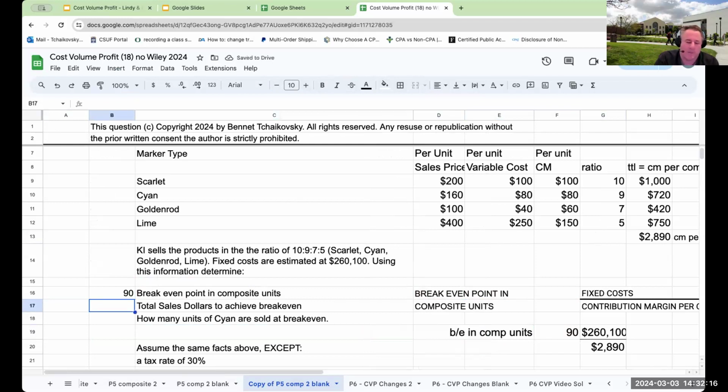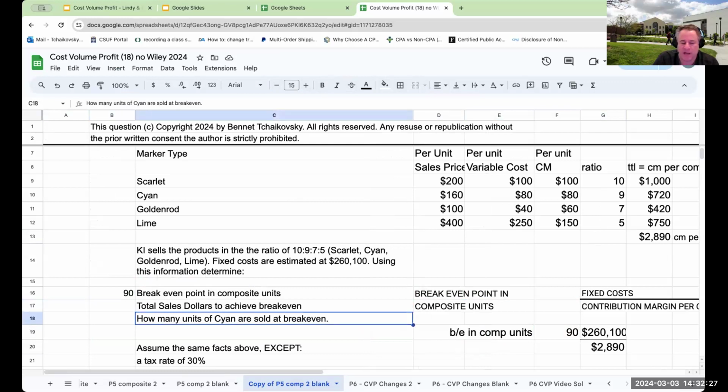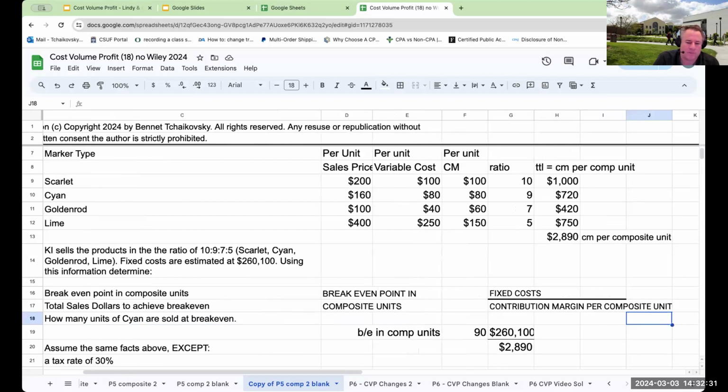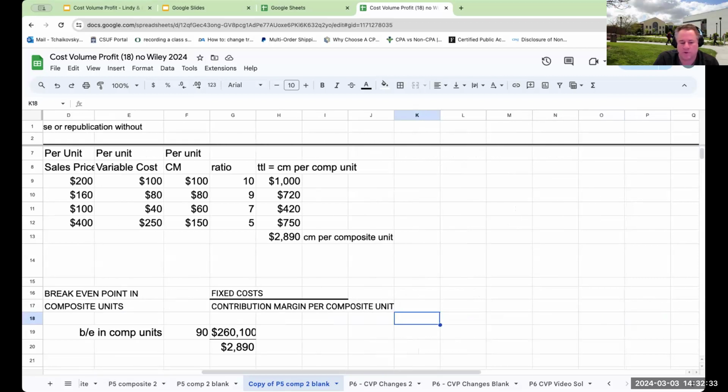Now, I'm also being asked here, what are my total sales dollars to achieve break even, and how many units of Cyan are sold at break even? To figure this out, when I see this break-even point in composite units, I've got Scarlet, Cyan, Goldenrod, and Lime.